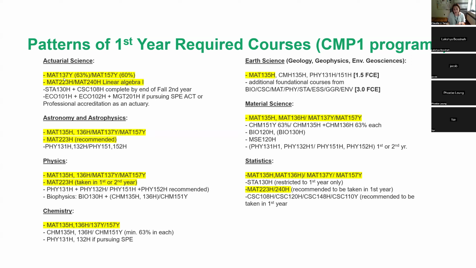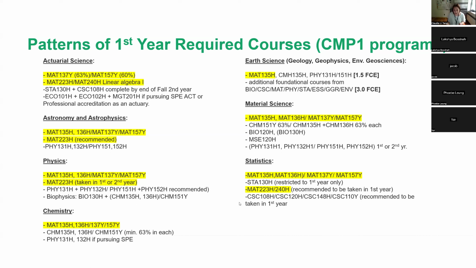So you'll see here, Math 137, with a specific mark here, or Math 157. And here you have these options as well. You'll see that there are variants within the 100 series courses. We'll talk a little bit about that.